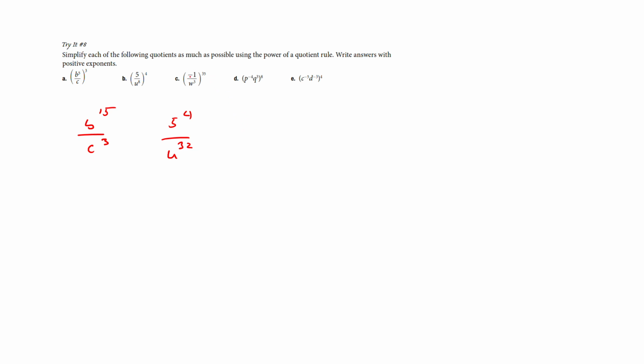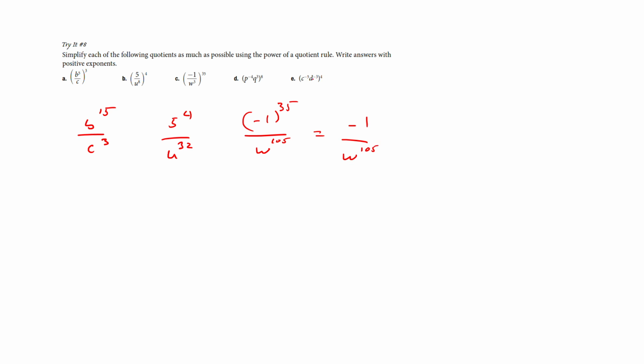Okay, on C, -1 to the 35th. And W, 3 times 35. What, man, these are some crazy ones. 15, 105, I believe. Yeah, I believe. Okay, so if I had 35 negative ones in a row, because it's an odd number, it's just going to become -1.